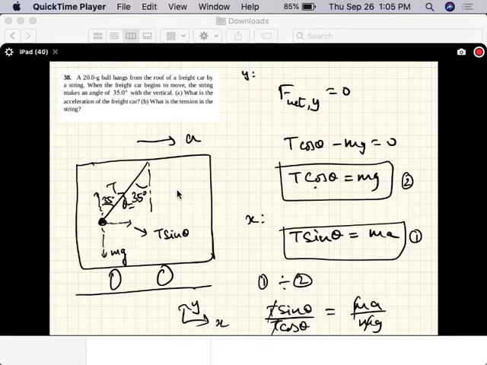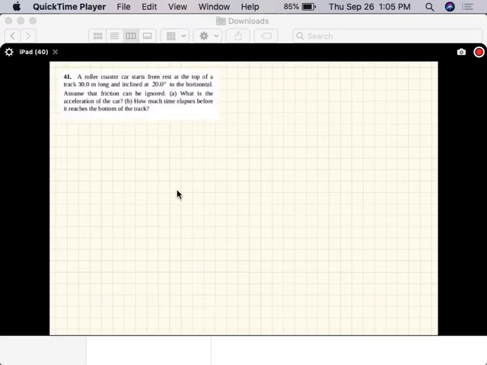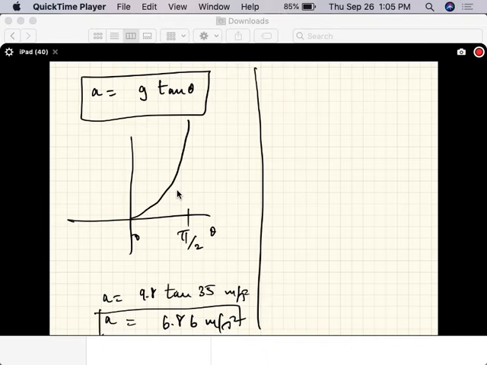Okay. So tension is mg divided by cosine theta, so mg divided by cosine 35. And you guys can put in the numbers.